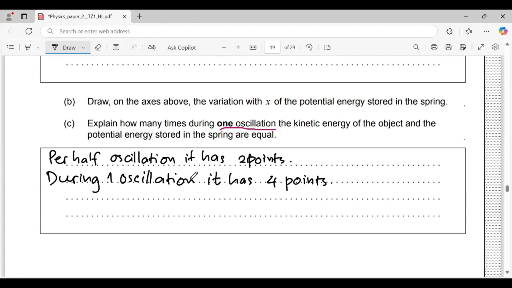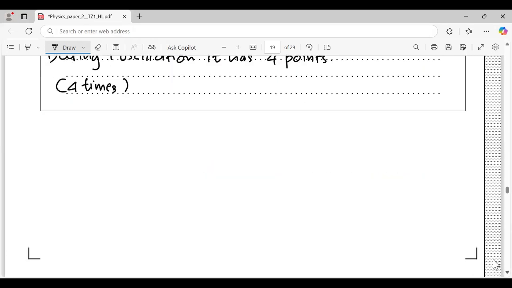So how many times during one oscillation? 4 times. Yeah, the solution is 4 times. That's the intersection.